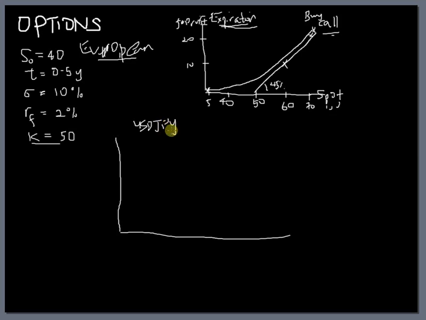A normal quote for USD JPY is simply a number of yen per dollar. This is a typical quote for dollar yen, which let's say is 115. Okay, 115 yen per 1 unit of USD.